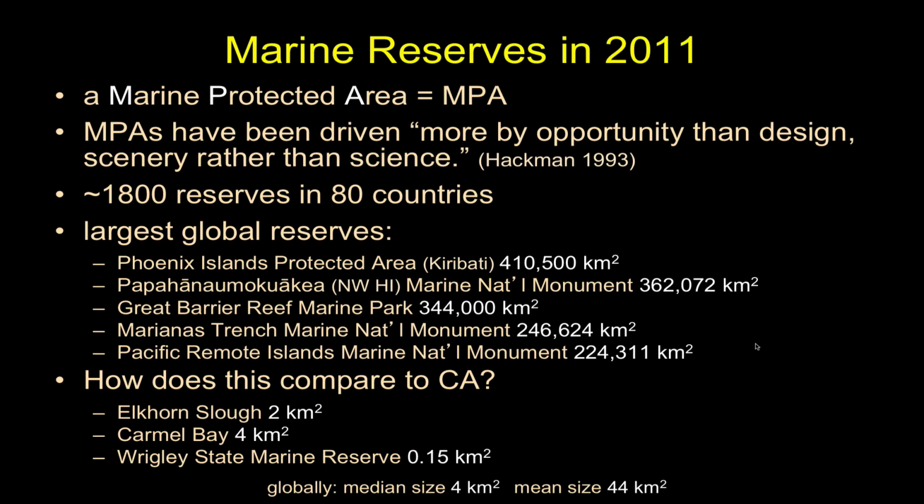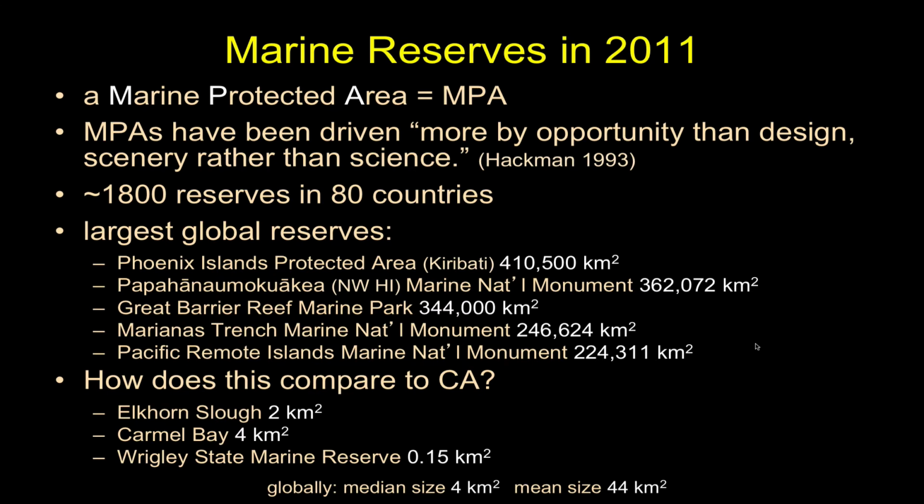It was a reserve because the military said, hey, we're shooting rockets up to the moon and defense satellites and stuff, so you can't come close to this part of Florida. So that wasn't picked to be the best possible fishing area or whatever, but it's become an incredibly fantastic fishing area because it has low fishing pressure, right? So it's in effect an MPA, and that's more typical than not.